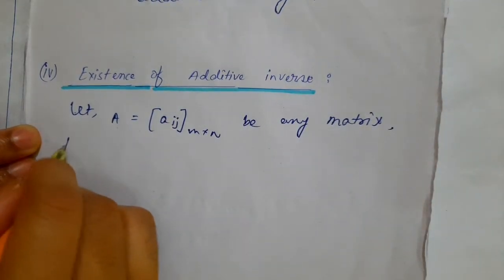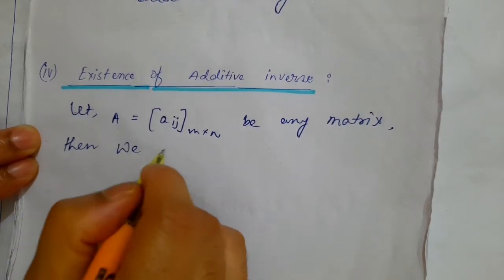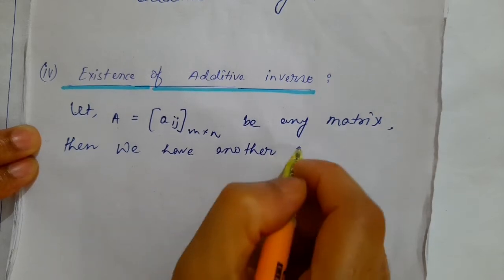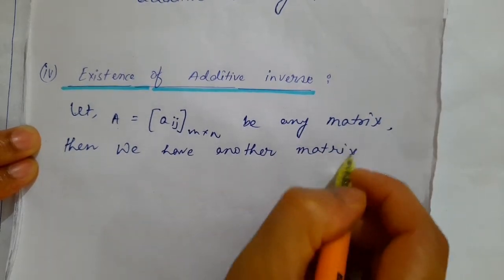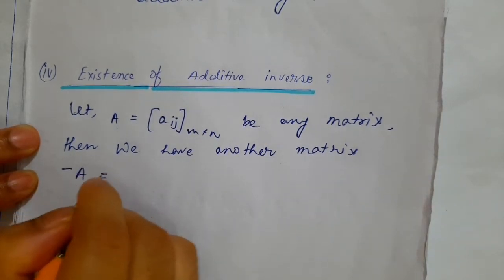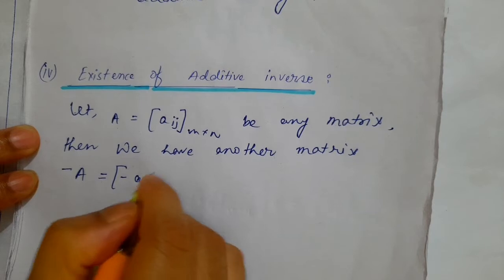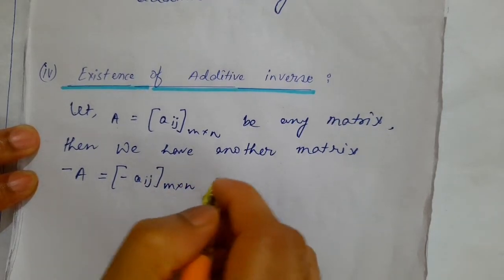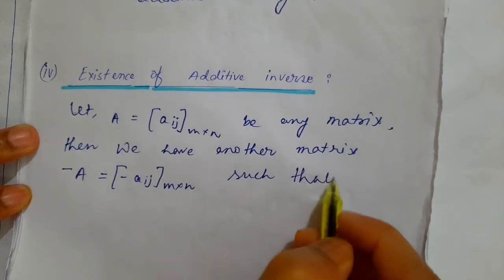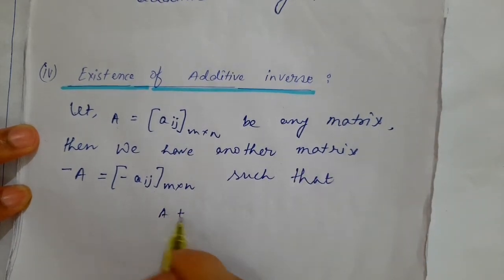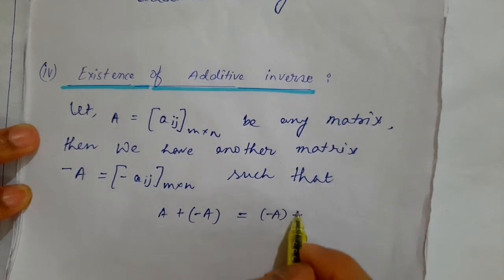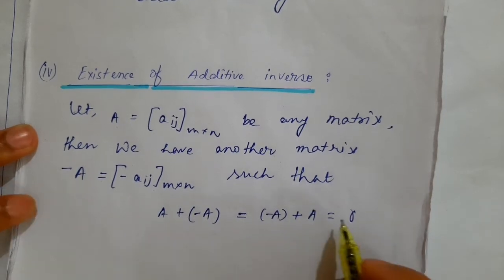Then we have another matrix, minus A, which equals minus Aij of the same order m by l, such that A plus minus A equals minus A plus A, which equals the zero matrix.